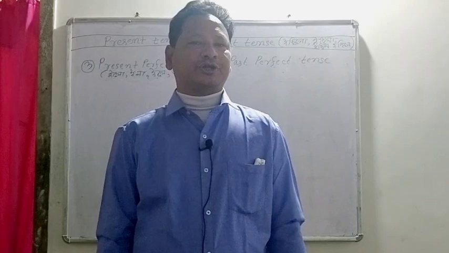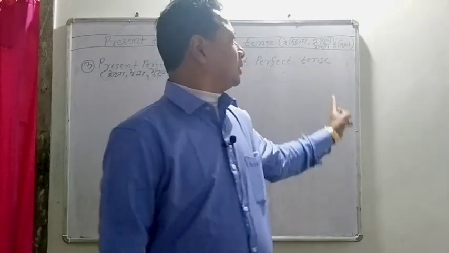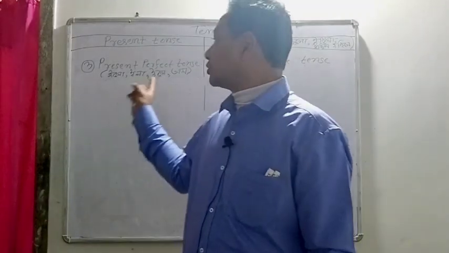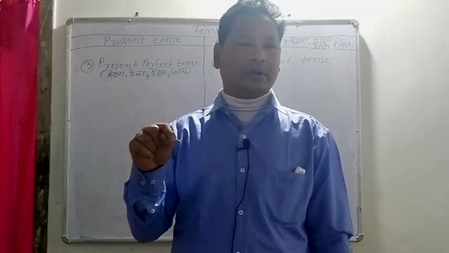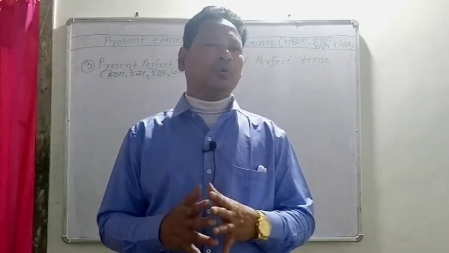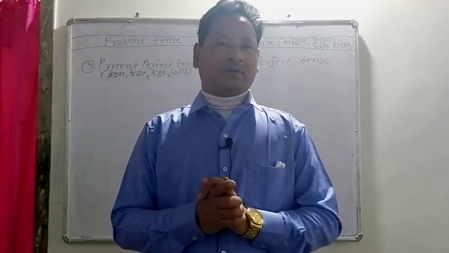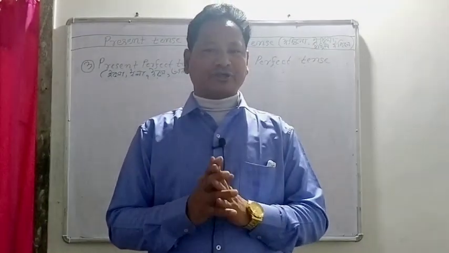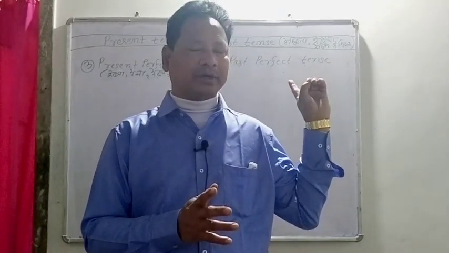So, let's start today the usage of present perfect tense and past perfect tense. That day, in class 3, I had told you the basic construction of the present perfect tense and past perfect tense. On the blackboard, look at the blackboard here.